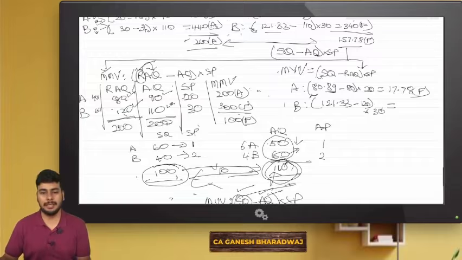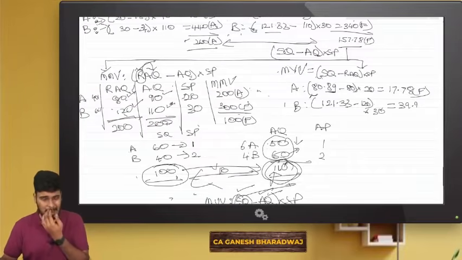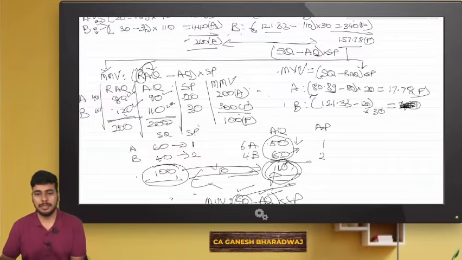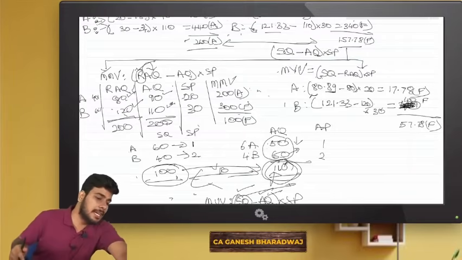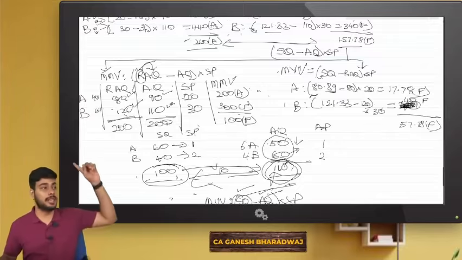How much is that? 40, favorable. So total, how much is it favorable? 57.78 favorable. So now, if you add your material mix variance and yield variance, you will get your usage variance.